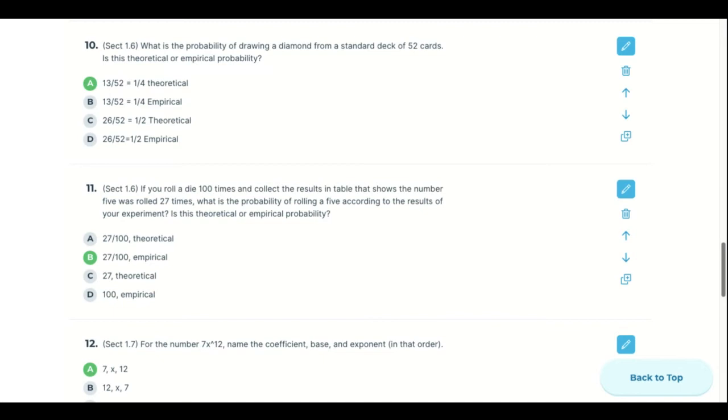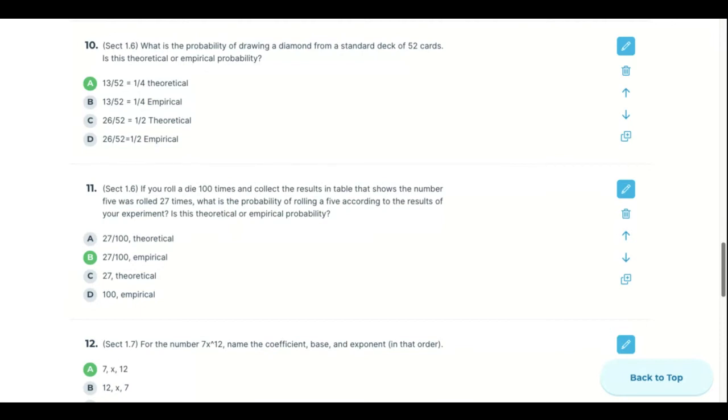Okay, so like this one right here, notice that you can do this problem without going into the general population and recording results every time. You could literally figure out what this probability is without collecting any kind of data on a table. So therefore, this is theoretical.